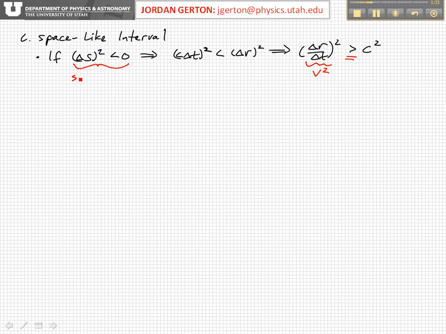Okay, and in this case, when delta S squared is less than 0, we call this a space-like interval.